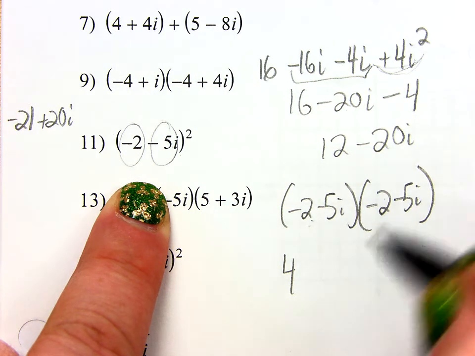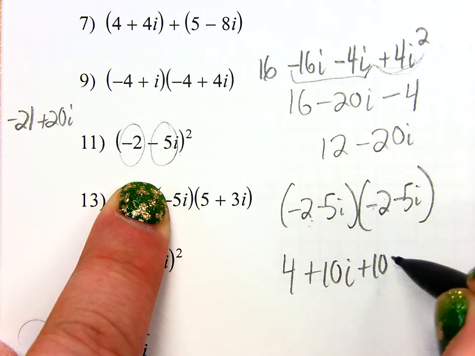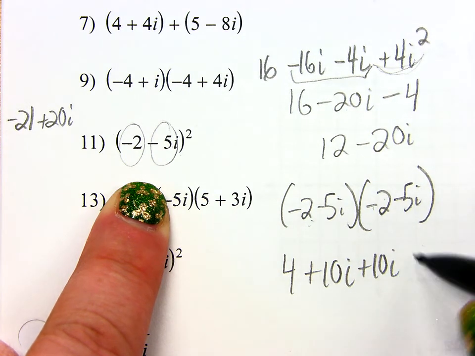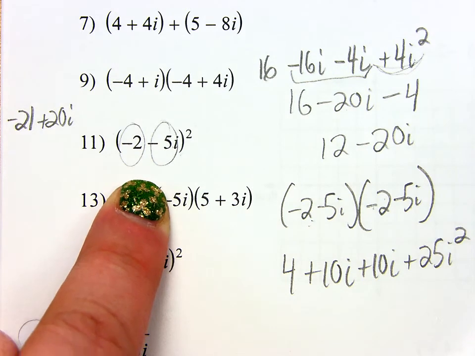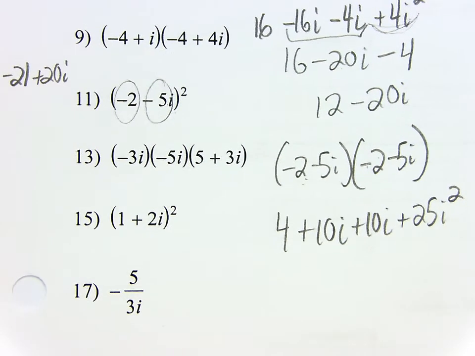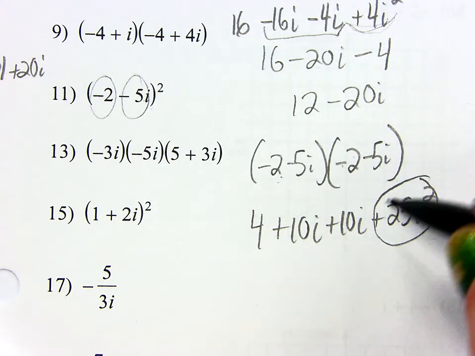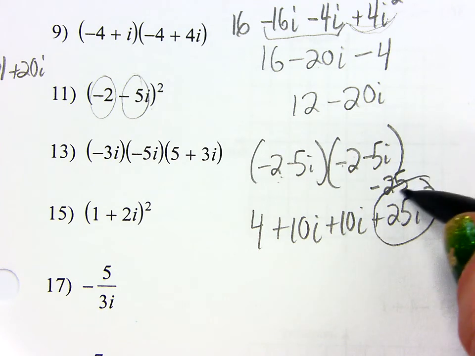So hopefully you FOILed. First, outside would be a 10i, inside would be a 10i, and then last would be a positive 25i squared. Ooh, this is looking promising. So now, remember, this chunk will now turn into negative 25.